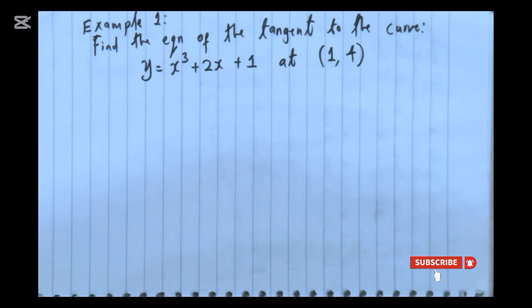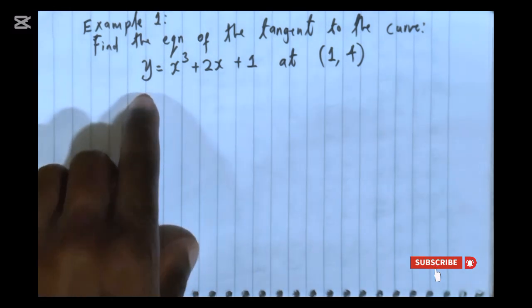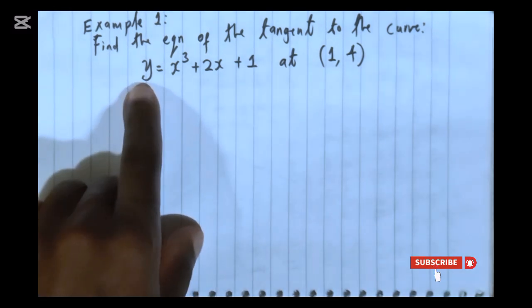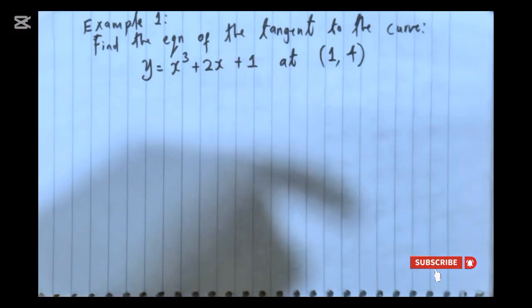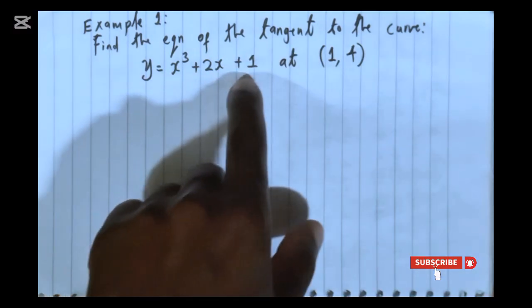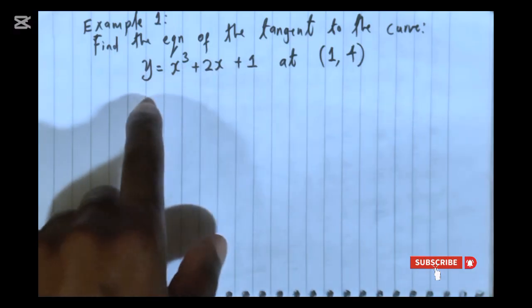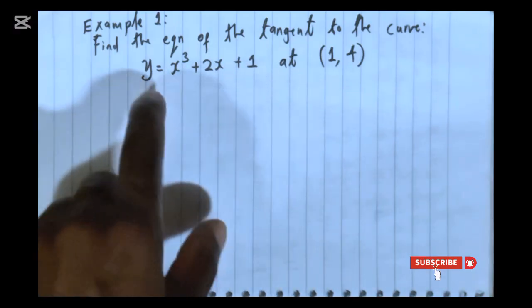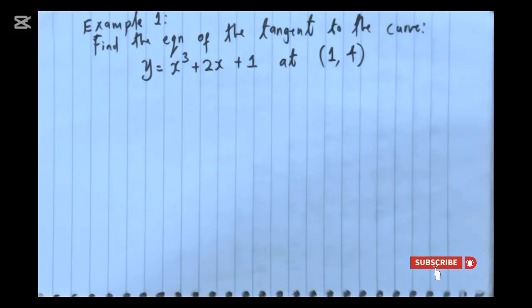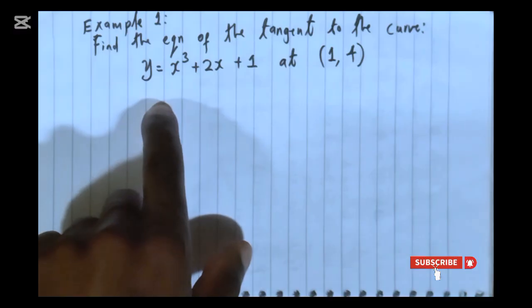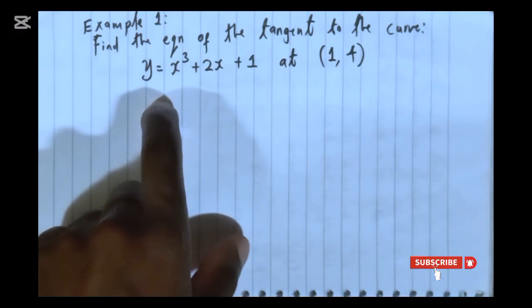And so for us to find the gradient, we are first of all going to differentiate our function y equals x cubed plus 2x plus 1. Because when we differentiate this function, which describes the curve that this problem is asking us to find the tangent to, we are going to find what we call the gradient function.